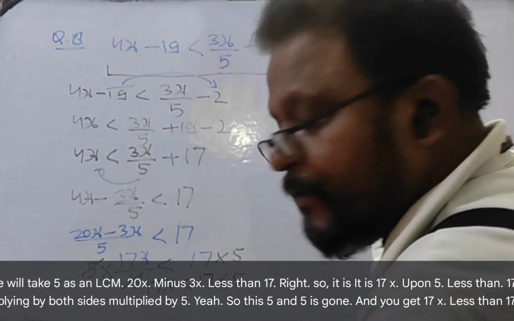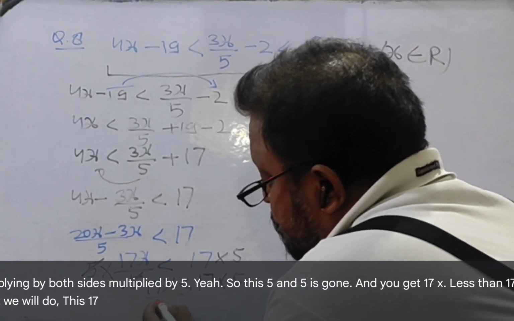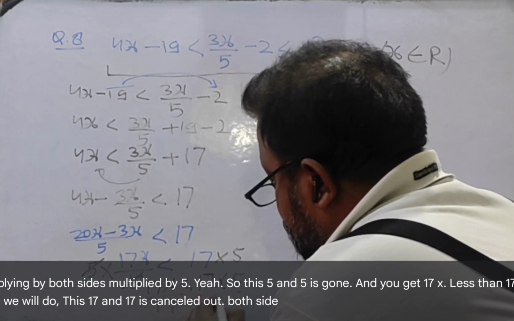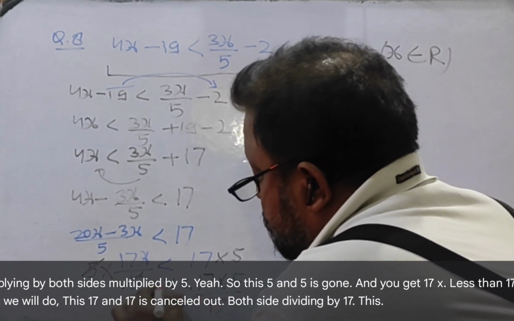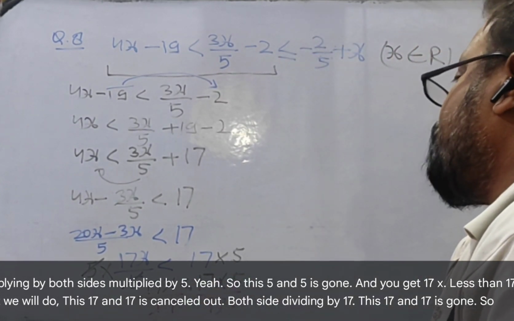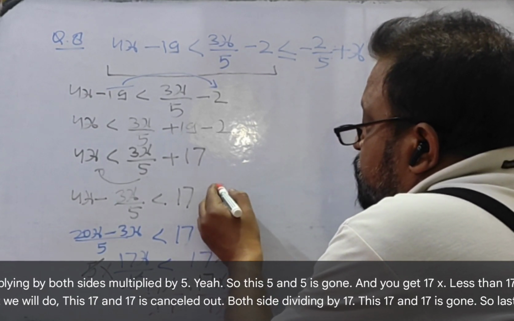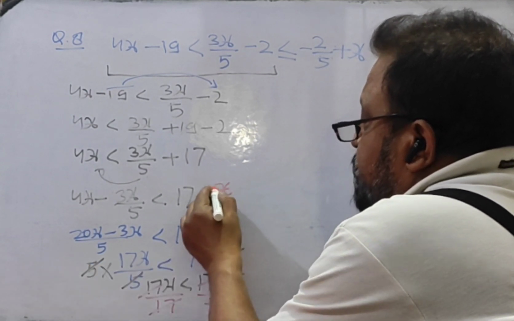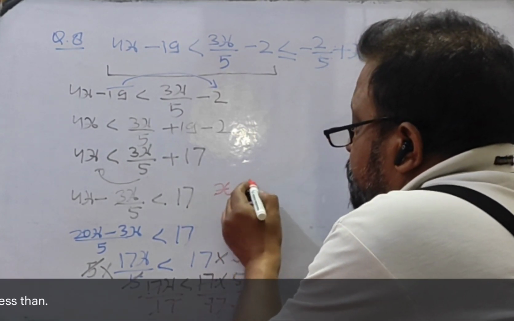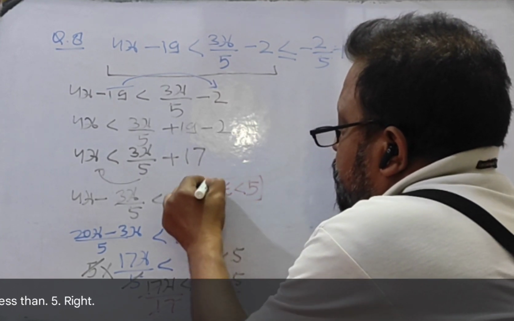Now this 17 and 17 cancel out, both sides dividing by 17. So lastly we get x is less than 5, right? This is.